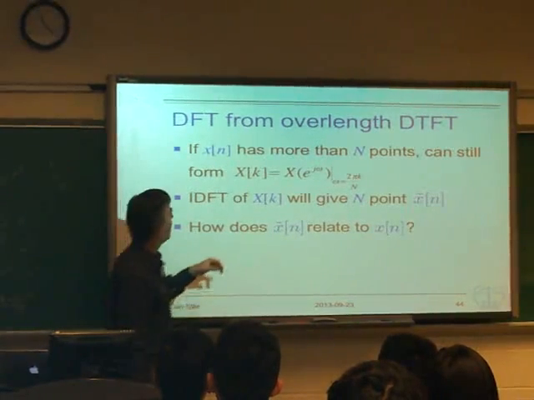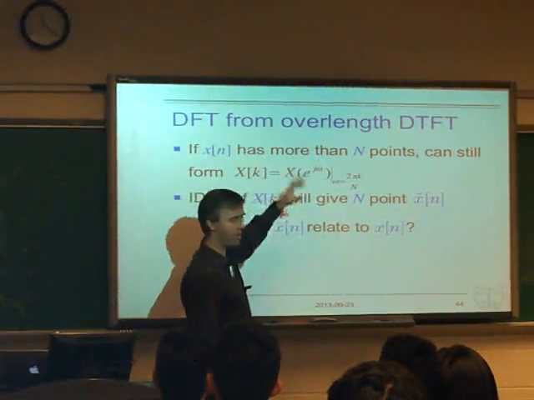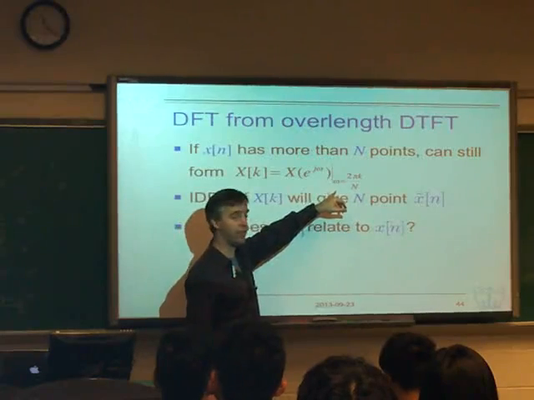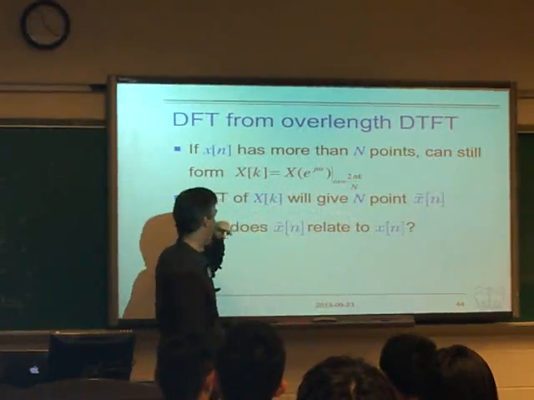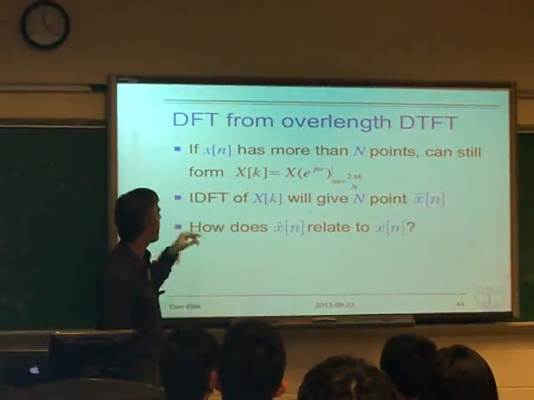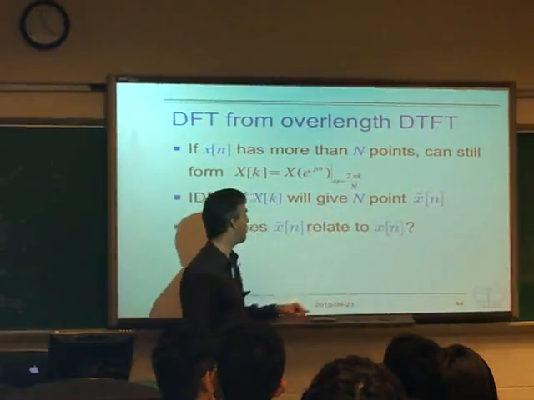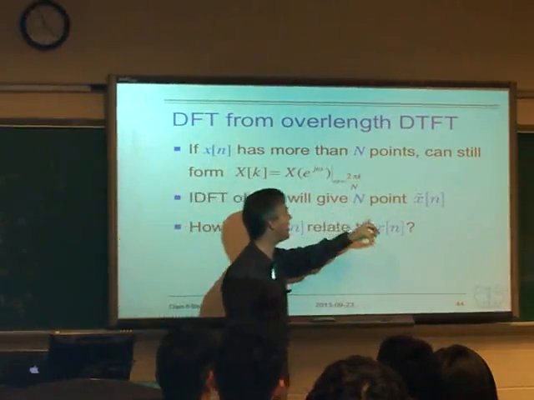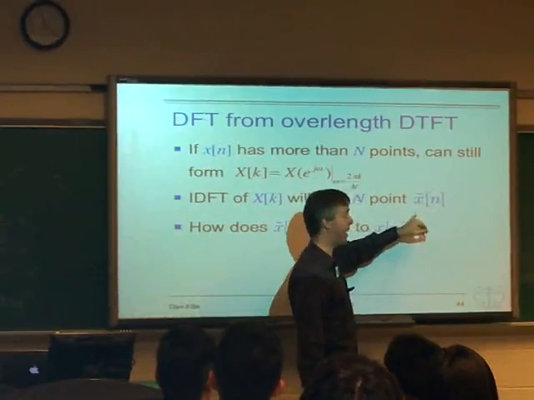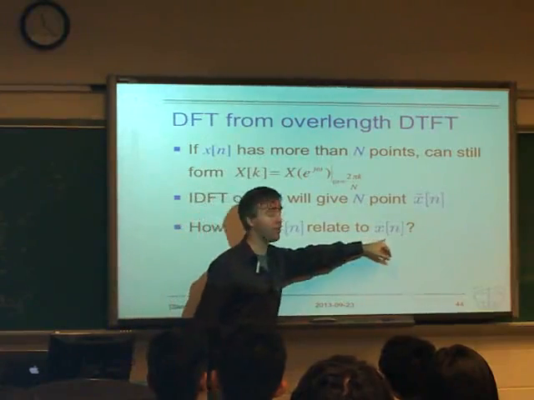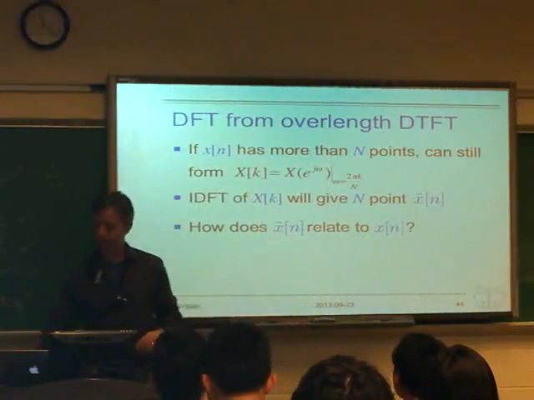So if we have X of e to the j omega for some longer sequence, we can just evaluate its values at these individual points to get our X of k. But then if we take the IDFT of that, we're going to get something which is only an N-point sequence. So what is the relationship of this N-point sequence, which we could call X twiddle of n to suggest that it's periodic, to the original sequence X of n, which has more than N points?